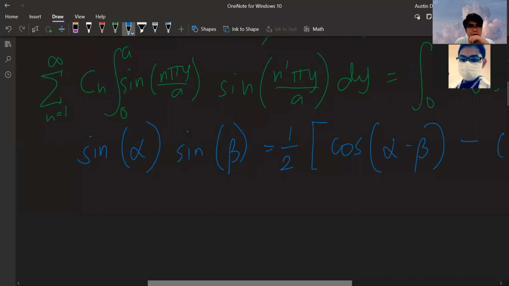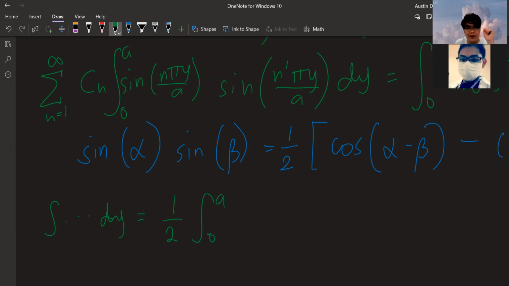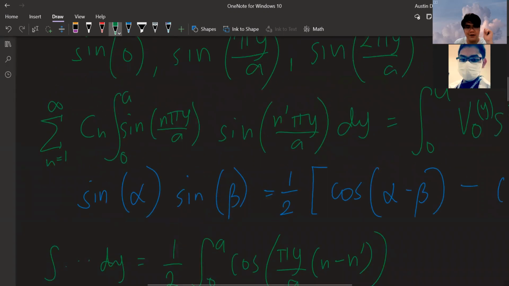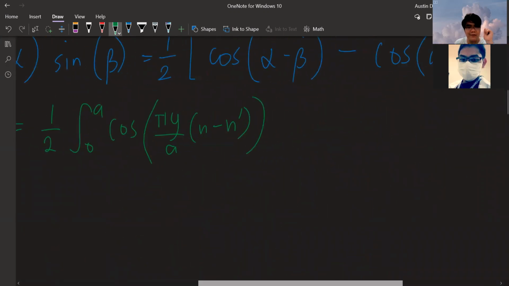So the integral of the product dy is just 1/2 the integral from 0 to a of cosine of alpha minus beta, so pi y over a times n minus n prime. I factored out the common factors so the answer is easier.